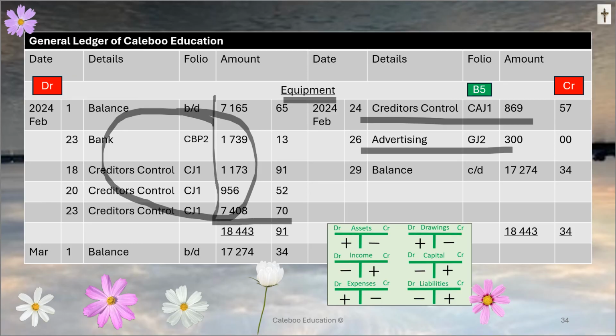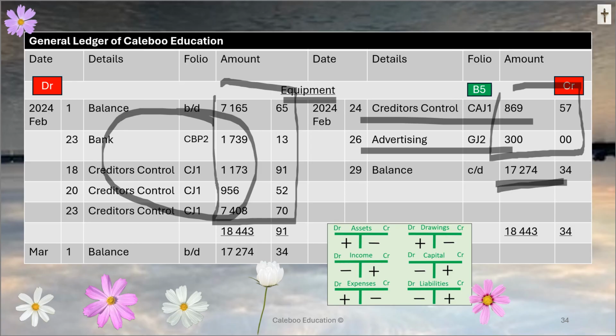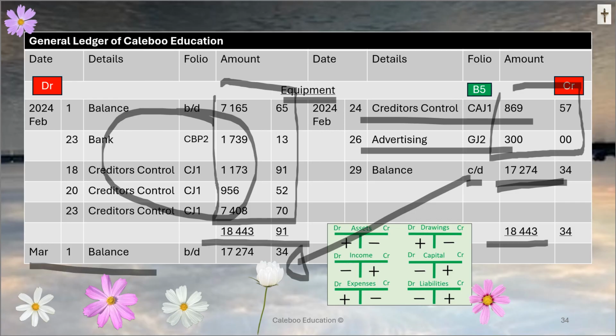So we add up the debit side. We subtract the credit side. We make the two sides equal by adding to the smaller side the balance carried down. We total up both sides, and on the opposite side we got the balance brought down. On the 1st of March, we have equipment at the historical cost price, 17,274.34. Equipment is an asset.